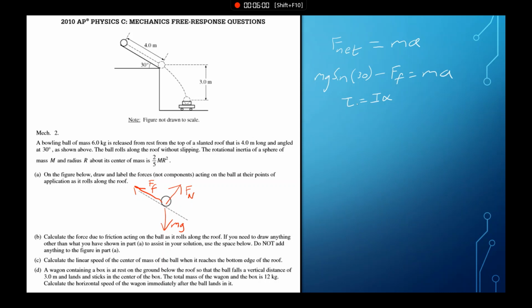So our torque of friction is R times our force of friction, which is I alpha. And then we do have an equation for the rotational inertia, 2/5 mr squared.